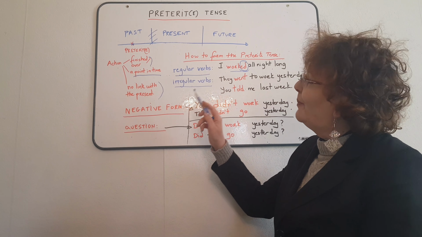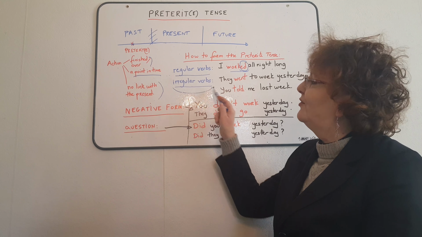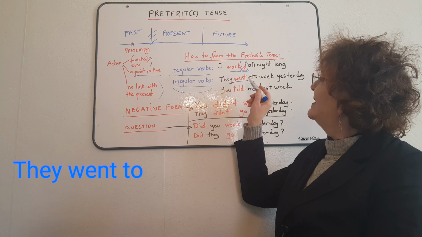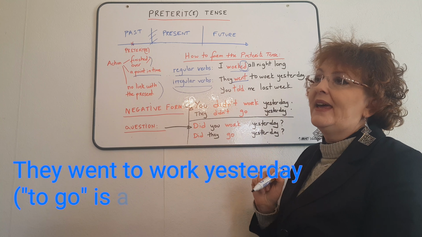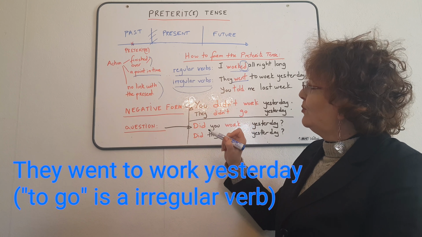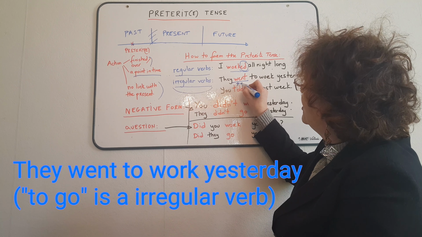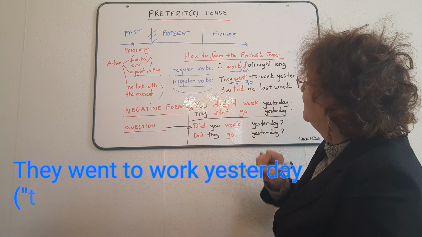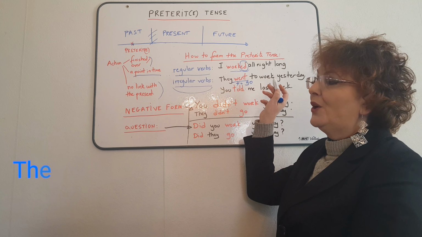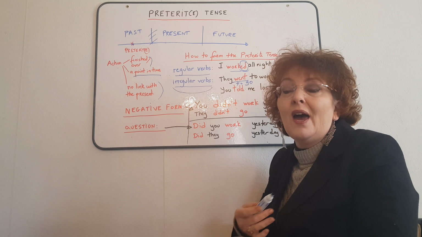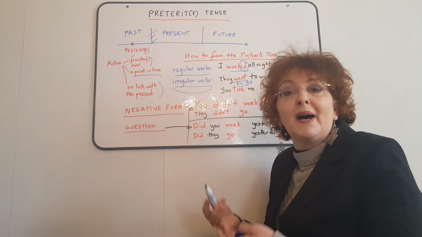So let's have a couple of examples with irregular verbs in the preterite tense. They went to work yesterday. Went is the preterite tense of the verb to go. They went to work yesterday. There is no way you can know it unless you have seen it and learnt it by heart.